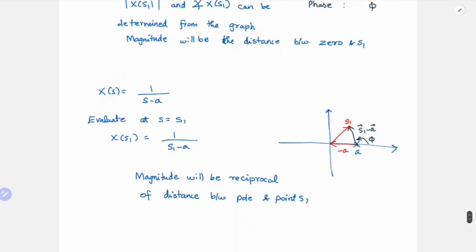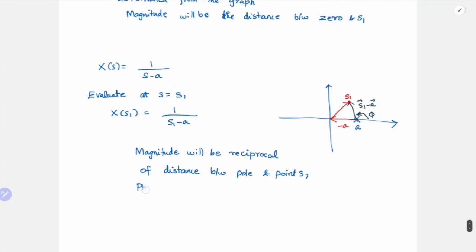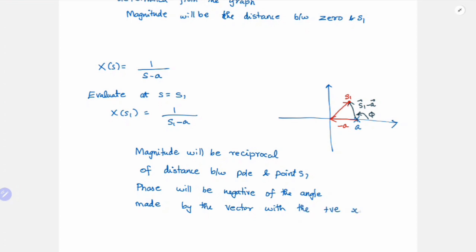And phase, what was the phase here? It was phi, but it will come in the denominator. When we take it to the numerator, you will get minus phi. So phase will be negative of the angle made by the vector with the positive x-axis.